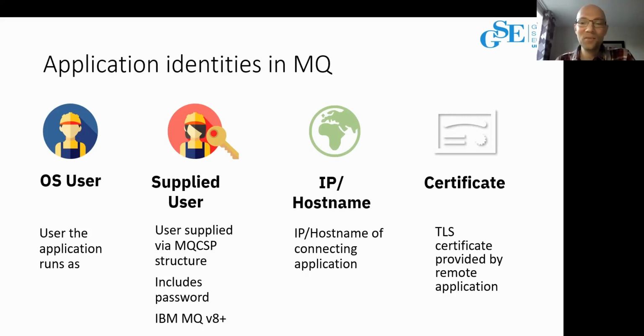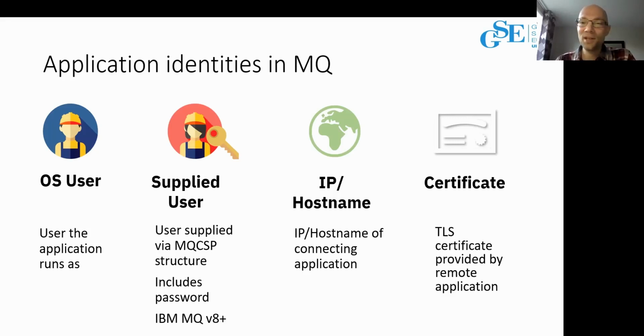The other bit of information that the queue manager gets when an application connects into the destination queue manager is a user ID. So the application will be running on a system somewhere in your network, under a user ID on that system. And that user ID gets sent over to the queue manager as part of the initial data exchange that happens between the application and the queue manager.